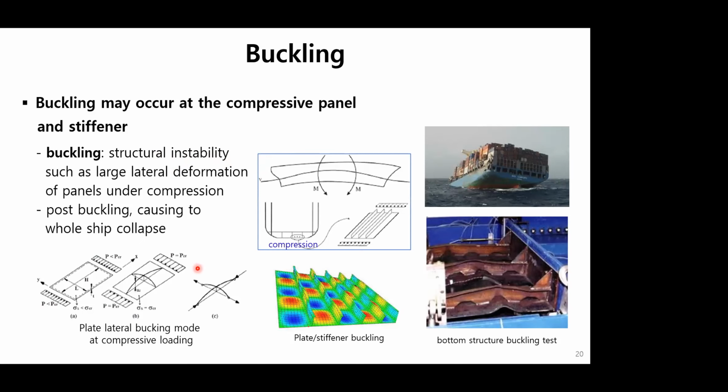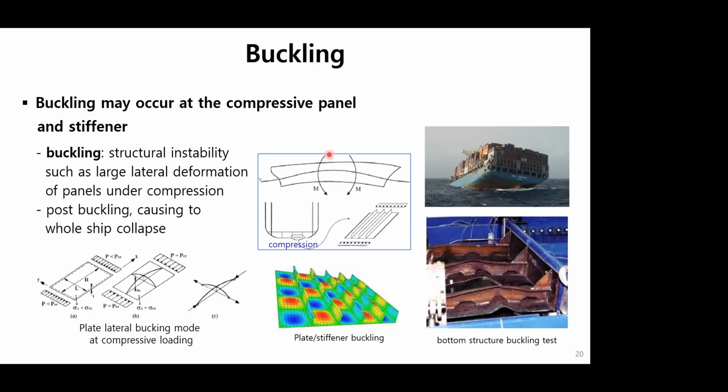A typical example of plate lateral buckling mode at compression is shown in this figure. In general, once the buckling happens, post-buckling follows, that is a much bigger subsequent lateral deformation, sometimes causing the final whole ship collapse.